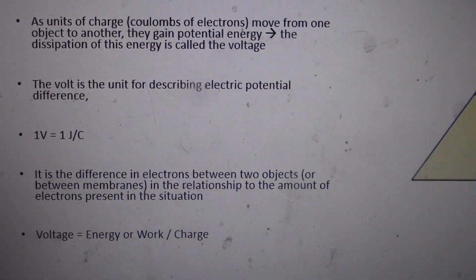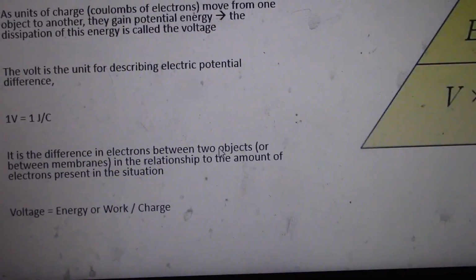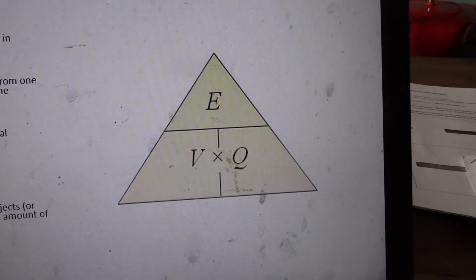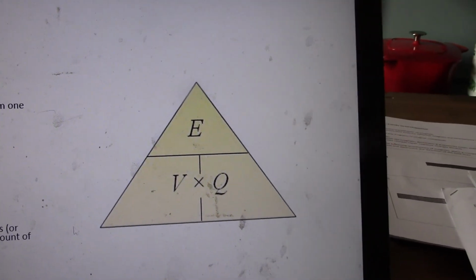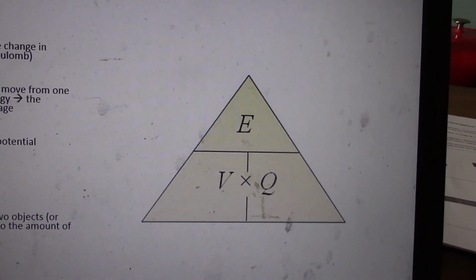So voltage equals E over C, or energy equals voltage times charge. The difference in the amount of electrons between two objects gives us energy.